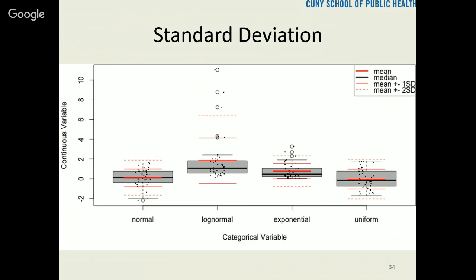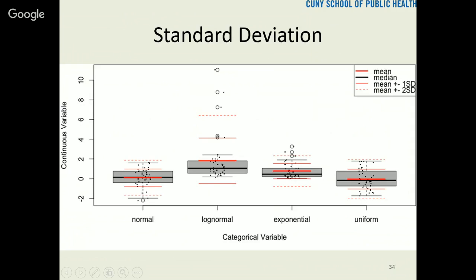On this one, I have added a little bit more decoration to that box plot. Before we had the mean and the median, and then I've just added to this the mean plus or minus 1 standard deviation as the narrower red line, and plus or minus 2 standard deviations to the plot.